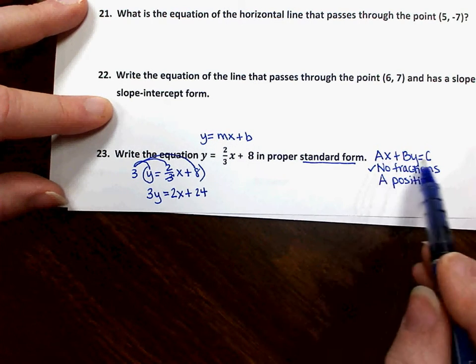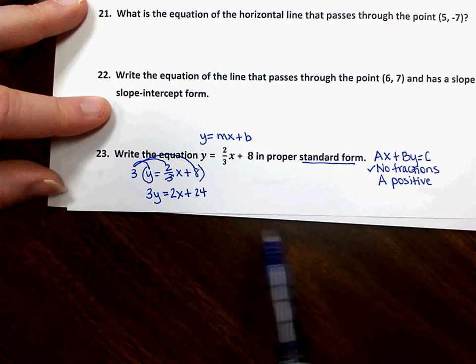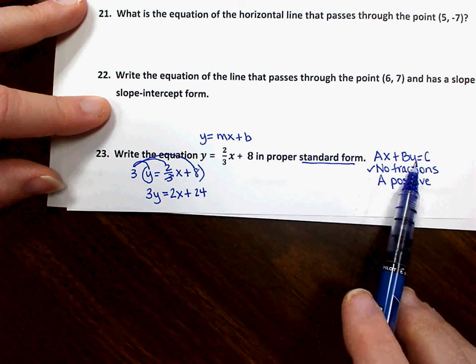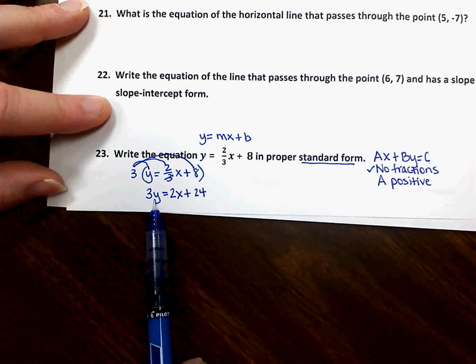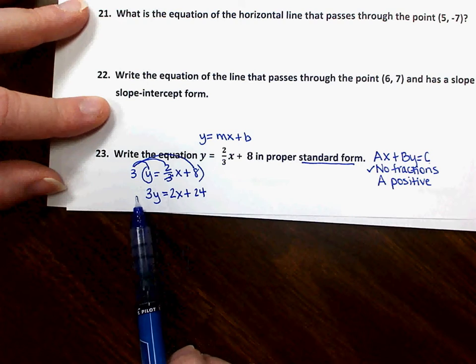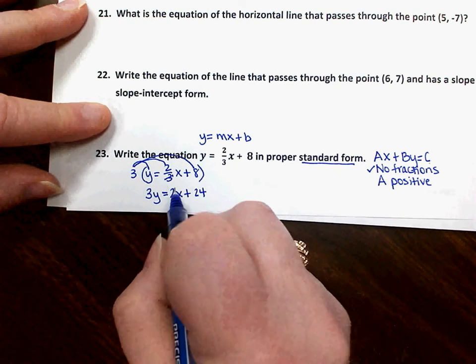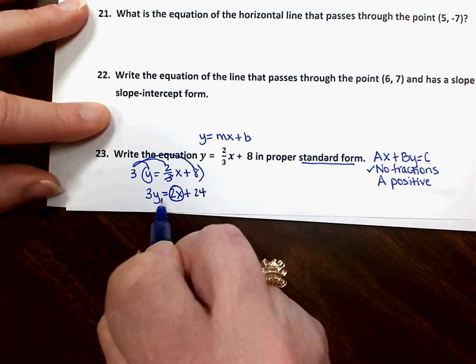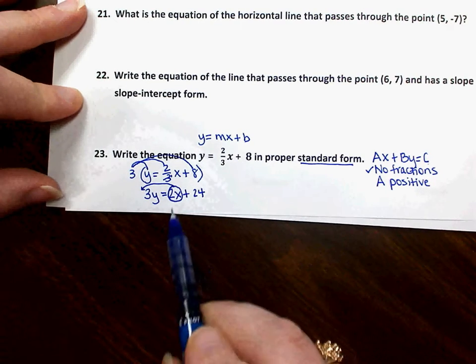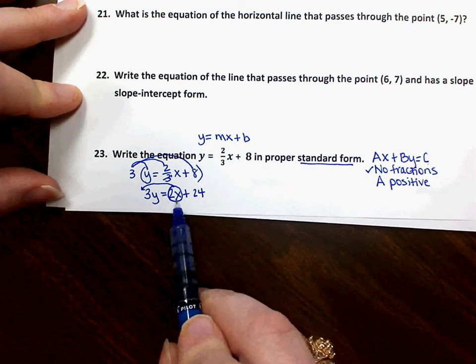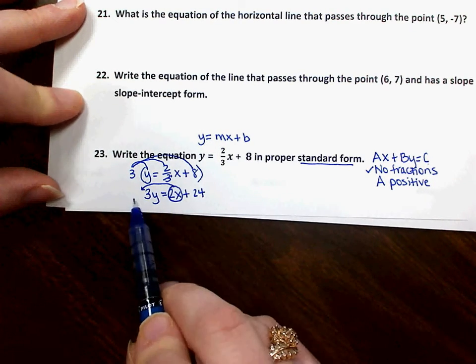Now I'm going to get everything in the order I want it. So that means I want x and y on the same side, and I want to leave my constant by itself. Well, y is already on the left side, but I want the x to be over there with it. Anytime I'm moving something across the equal sign, I have to remember to change its sign. So since the 2x is positive on the right side, it has to be negative on the left side.